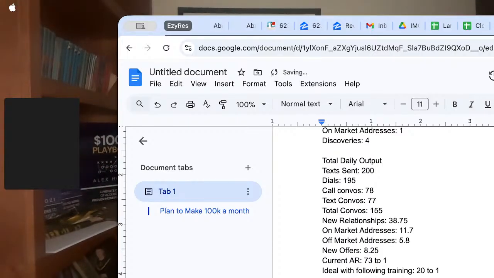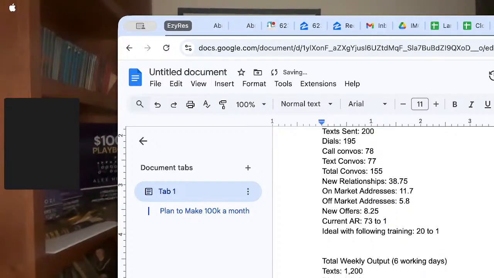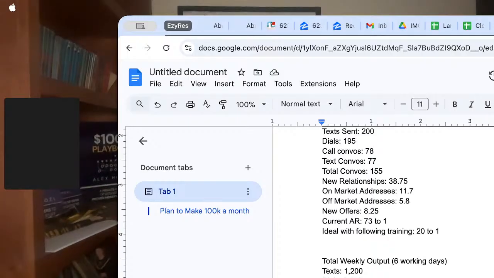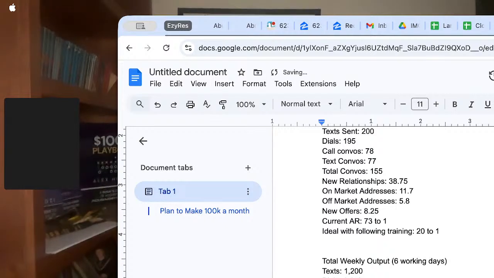Okay. New offers. 8.25 times 6, 49.5. With an acceptance ratio of 5%, contracts would be times 5%, 2.4 contracts, and then commissions, and I'll explain all this in a second.